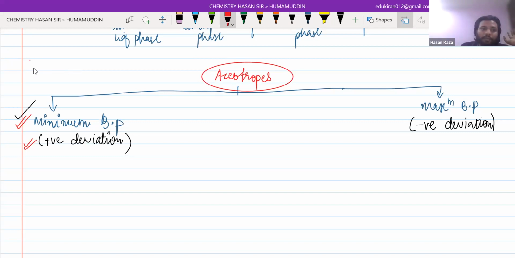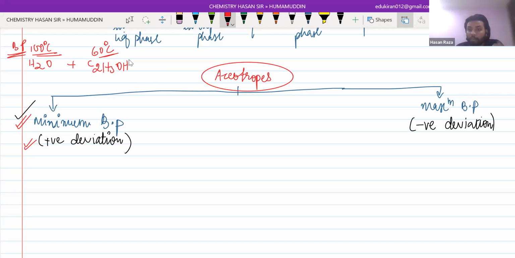Let's say there is water and there is C2H5OH. Let's say water has 100 degrees centigrade as the boiling point, and the boiling point of ethanol is basically around 60 degrees. If you are going to mix them, they show positive deviation, that means vapor pressure increases and hence force of attraction decreases.